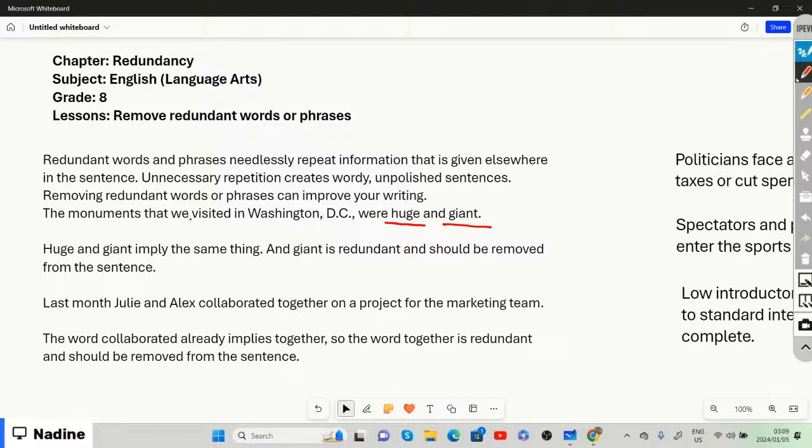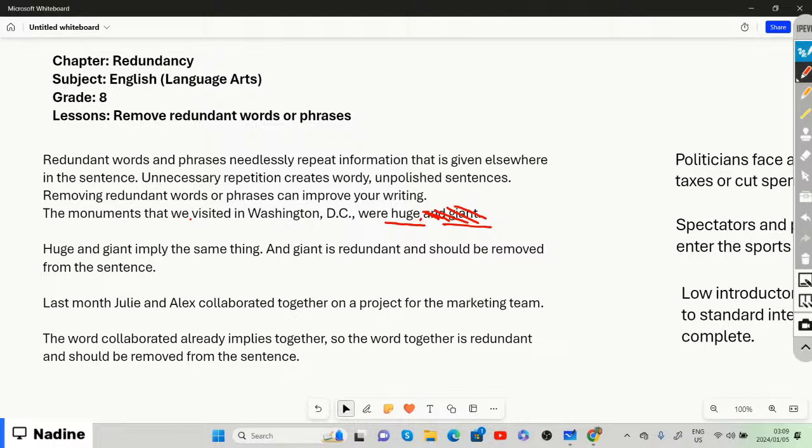It's either similar in meaning or it means the same thing. So that means giant is a redundancy or repetition of the word huge, and we need to remove the word giant from that sentence. So we need to basically just stop at huge.